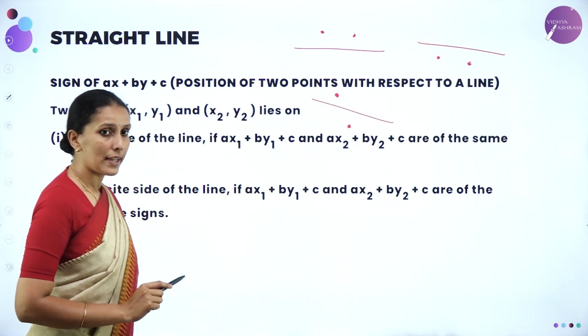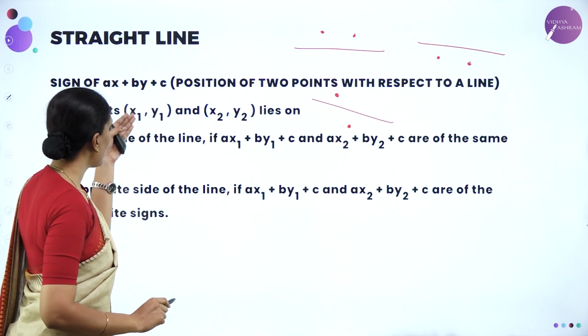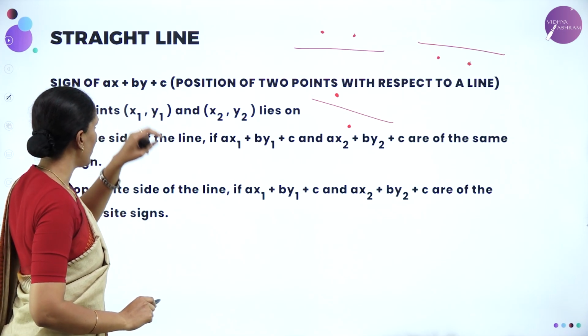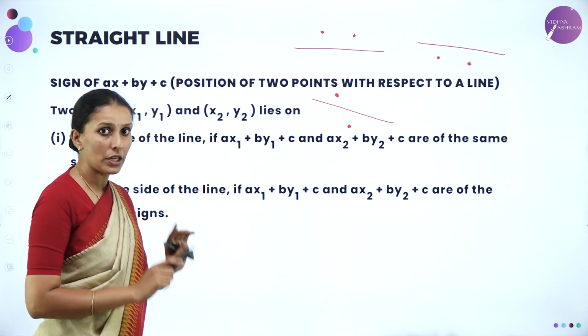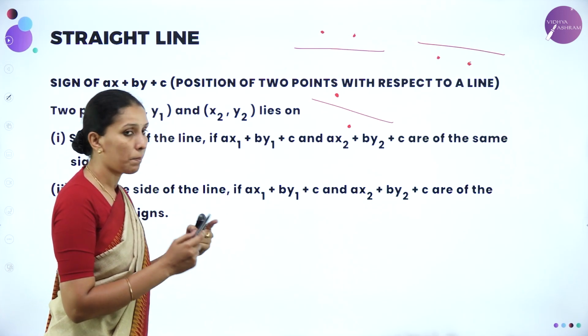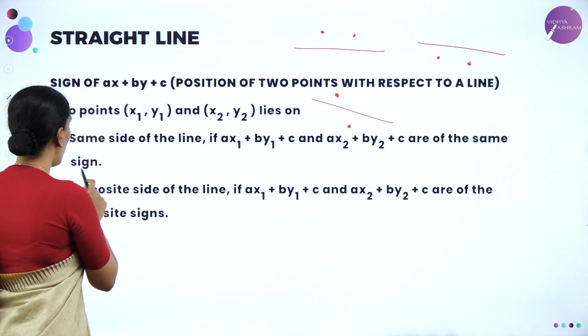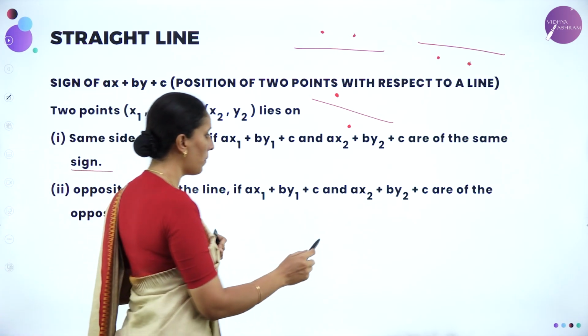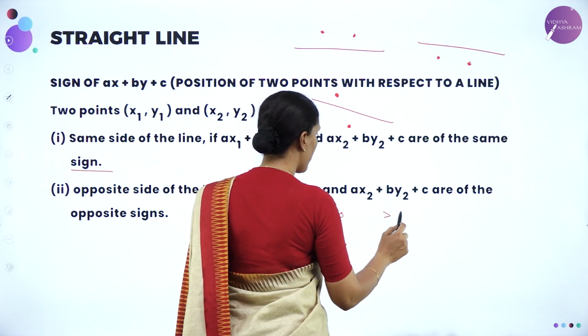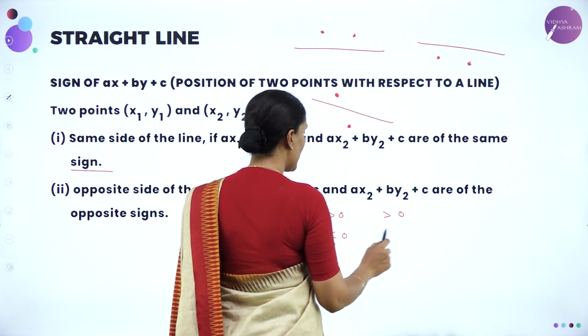If they lie on the same side, then if you substitute x1, y1 in the equation and x2, y2 in the equation, either both will have the positive value or both will have the negative value. That means both will have the same sign. Either both are greater than 0 or both are less than 0.